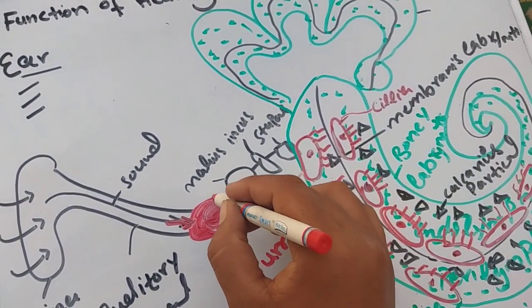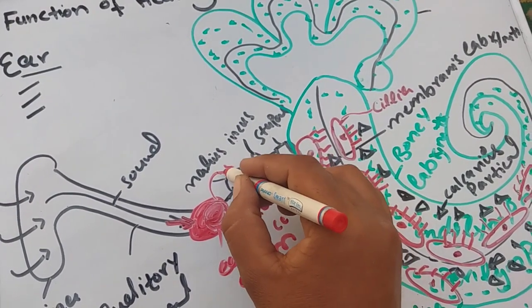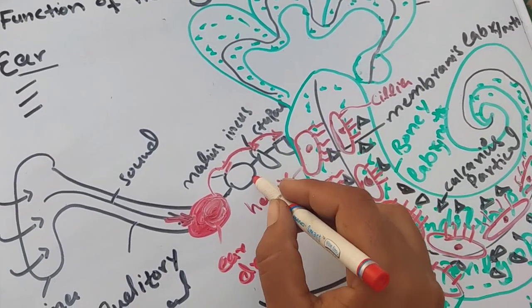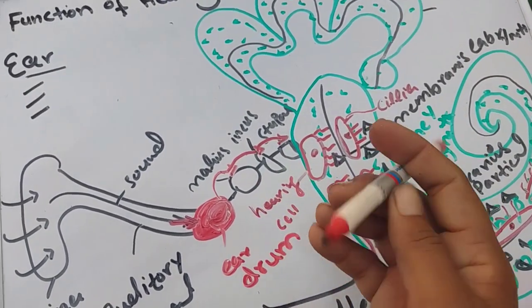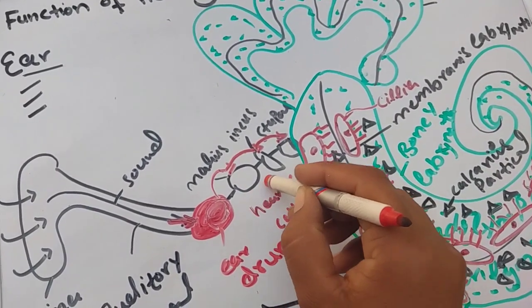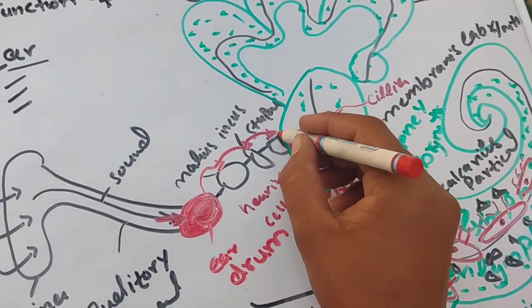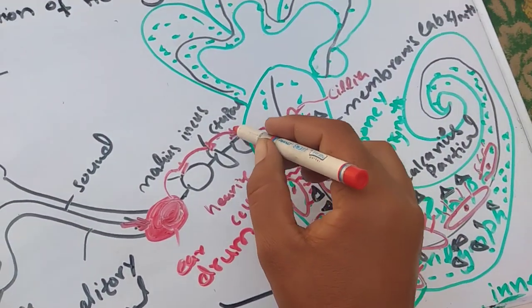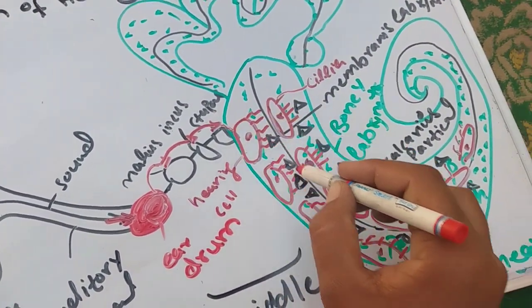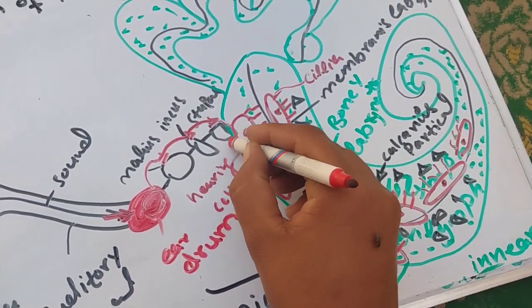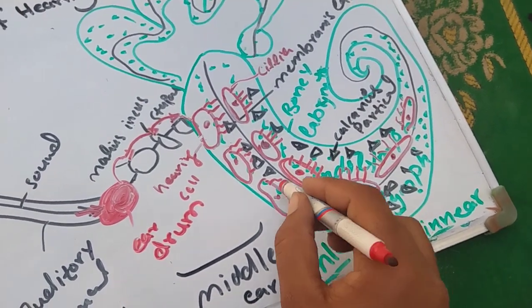The malleus vibrates the incus, and the incus vibrates the stapes. The stapes is attached to the cochlea, the inner part of the ear. So due to the vibration of the stapes, the cochlea also vibrates.